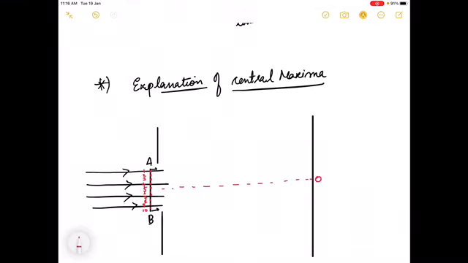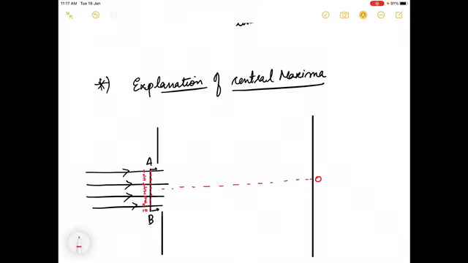So basically, what actually happens in diffraction is that from a single slit there are a lot of disturbances, and obviously every disturbance will emit a wavelet.